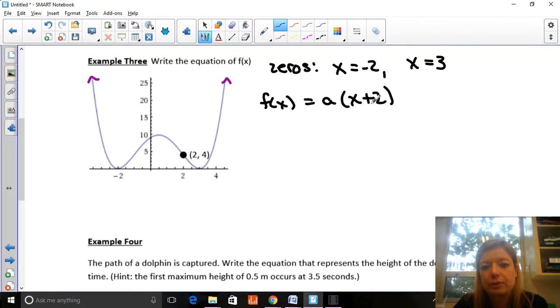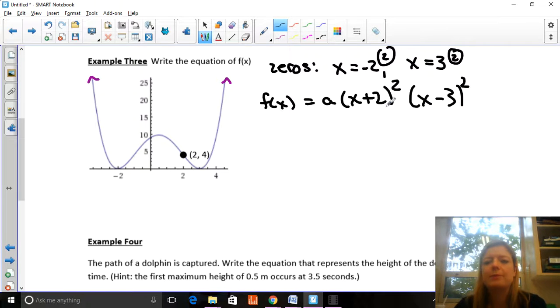Remember, it's plus 2. And we'll say to the power 2 because it looks quadratic there. They're both order 2. So this is an order 2, and x minus 3 to the order 2. This makes sense because when you expand this out, you would get x to the power 4, which matches what this looks like.